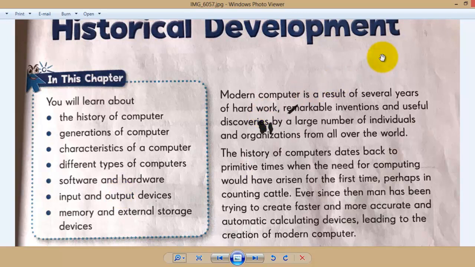Look, the modern computer is the result of several years of hard work. The one which you are using now at home or at school, that is the personal computer, it's not just a simple final product.